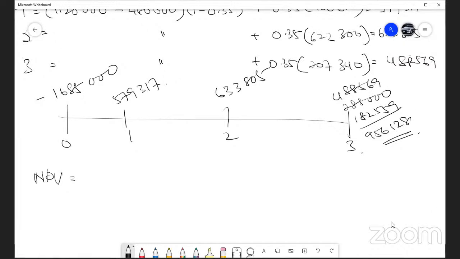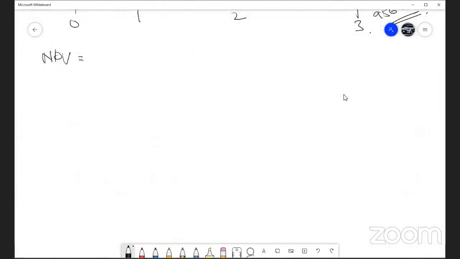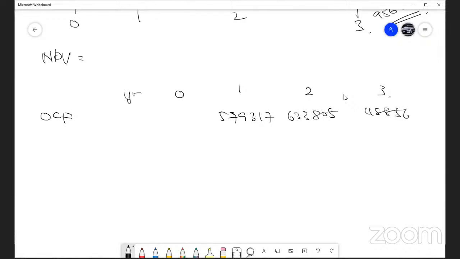For those who are confused, I think maybe some of you are still confused. Basically, if you put into the table year 1, 2, 3, OCF is 579,317, 633,805, 488,569.